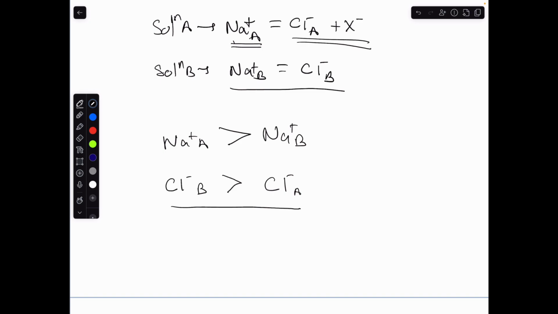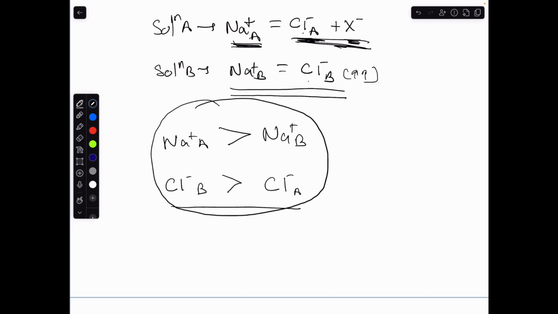Because fewer chloride ions are required to balance the sodium in compartment A, since not only chloride but the X molecule is also available to balance the sodium there. While in compartment B, more chloride is required to balance the sodium. And hence, as you can see, there has been a redistribution of ions. Why? To achieve electrical neutrality.